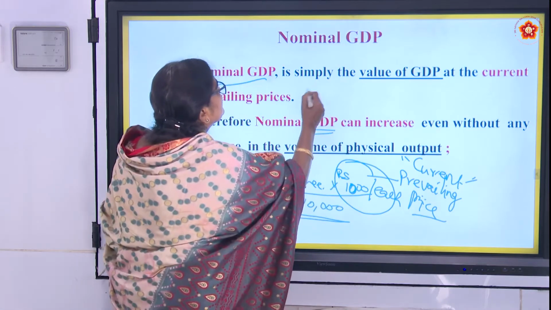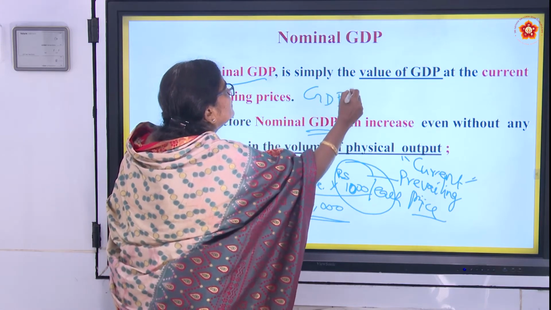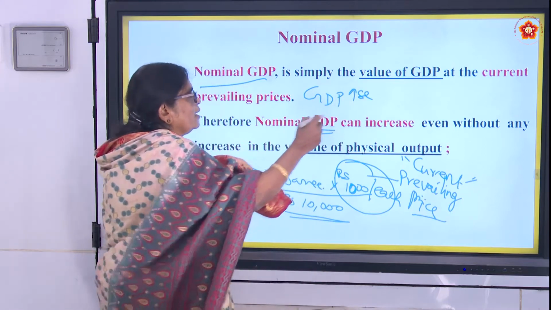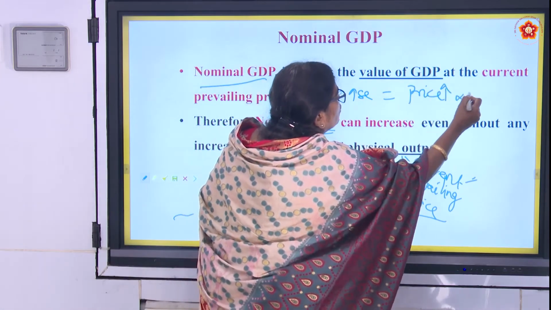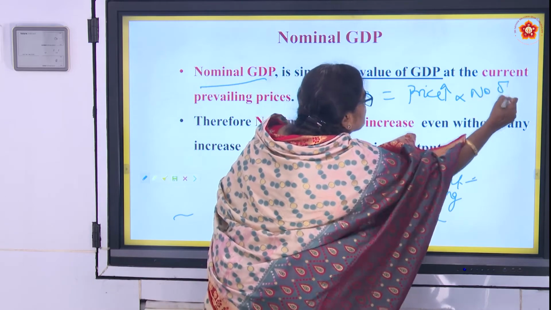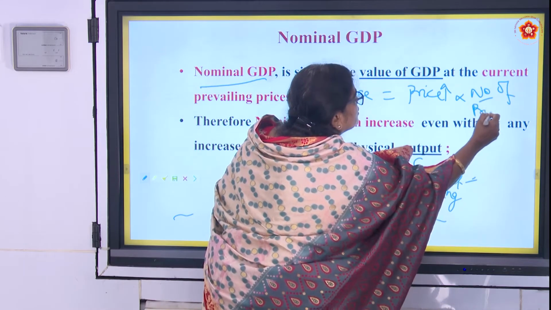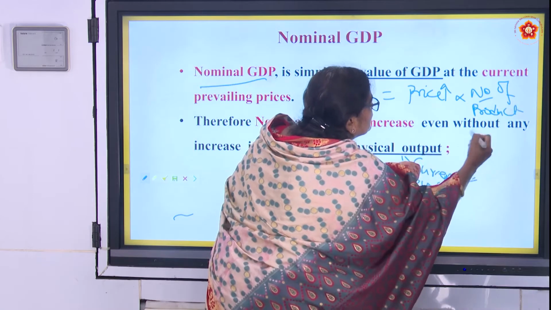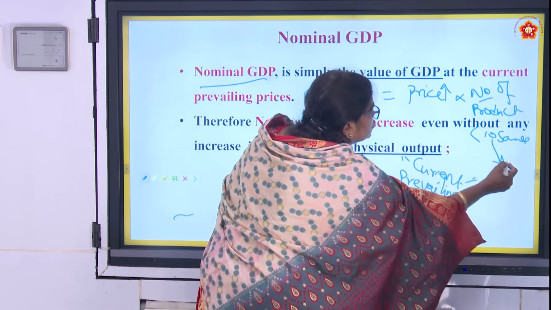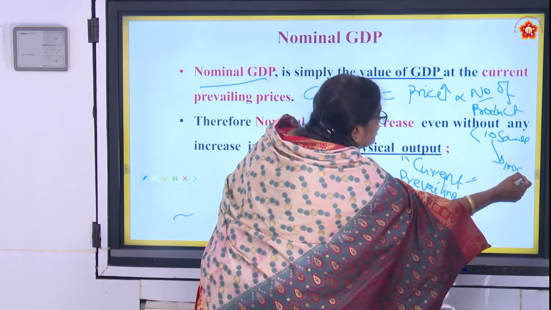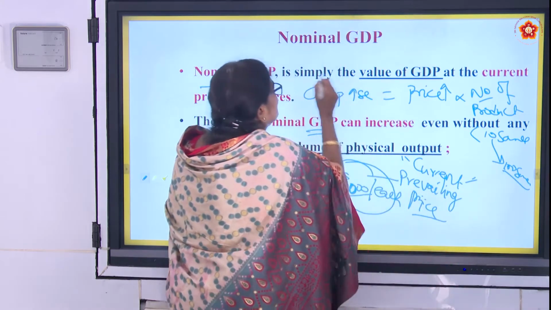Therefore, when we say GDP increases, the price may increase, or the number of units of the commodity may increase. Here it is 10 saris. When the 10 changes to 100 saris, automatically the GDP will increase.